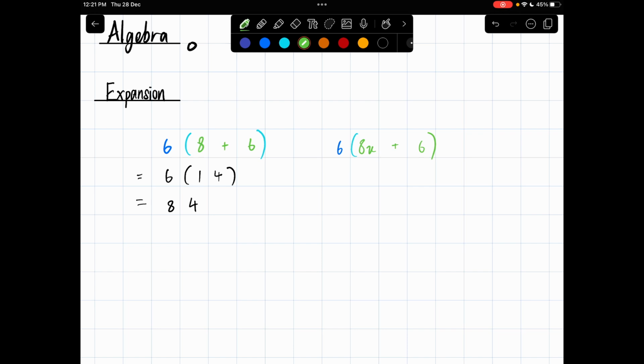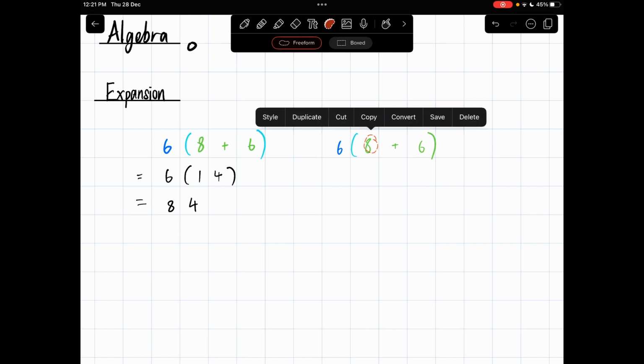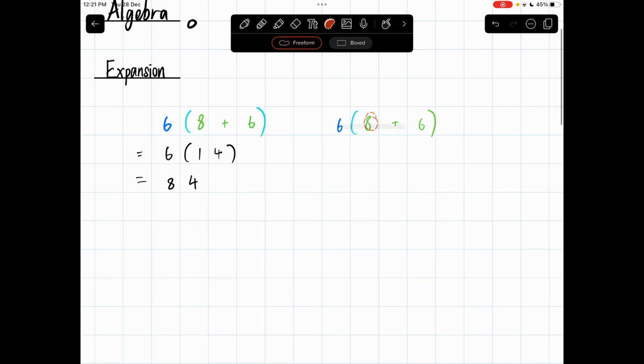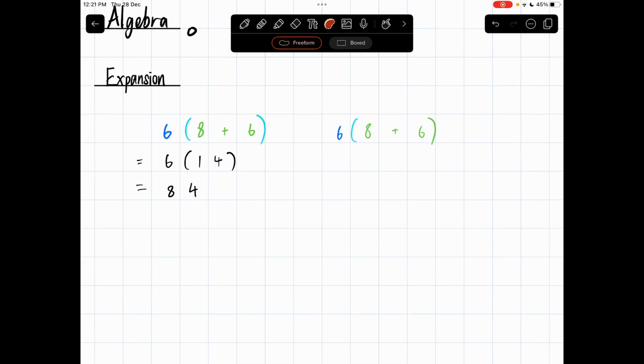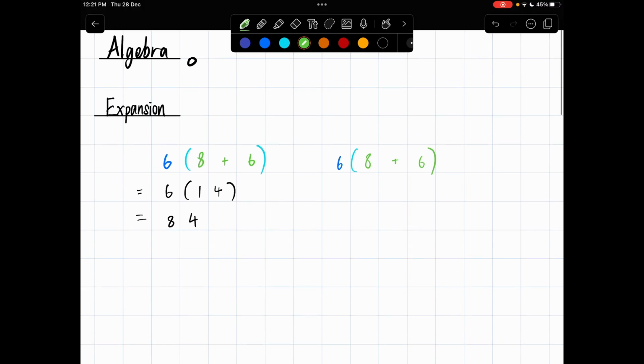To show you the expansion, I will take off the x. So we just use the same exact expression that we have from earlier, 6, 8 plus 6. What you should do here is use something that is known as the butterfly method.